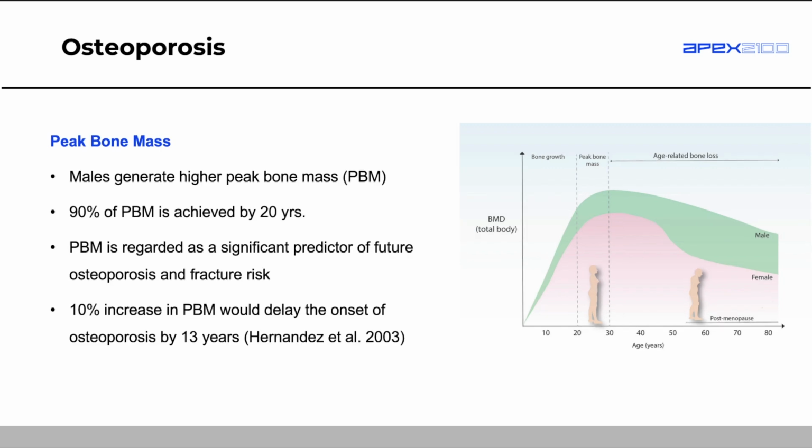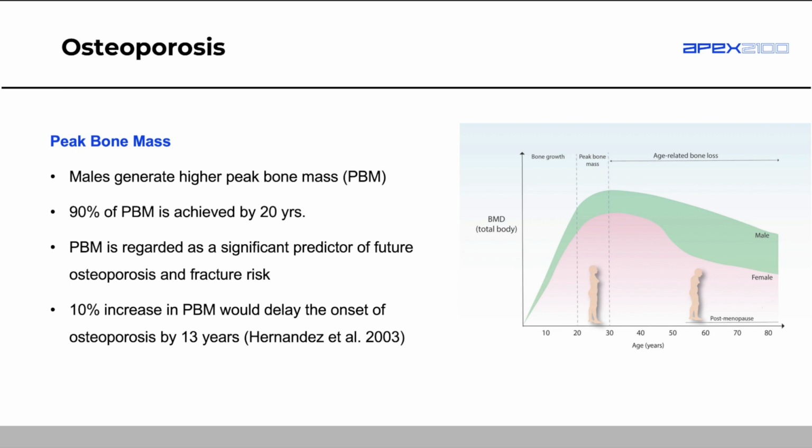Now, if we look at peak bone mass specifically, males generally have a higher peak bone mass, and 90% of our peak bone mass is achieved by around 20 years old. So peak bone mass is regarded as a very significant predictor of future osteoporosis and fracture risk.